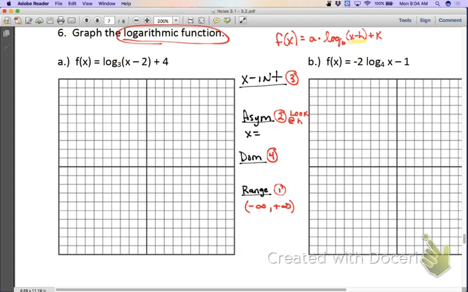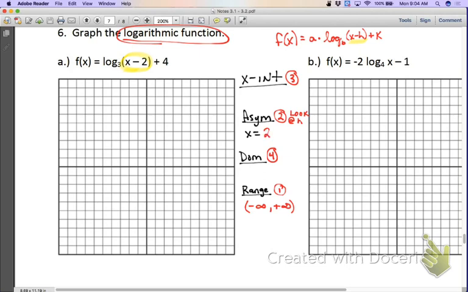So whenever we look at h, what value inside here can x not be? It can't be 0 in there. So what can x not be? Positive 2.